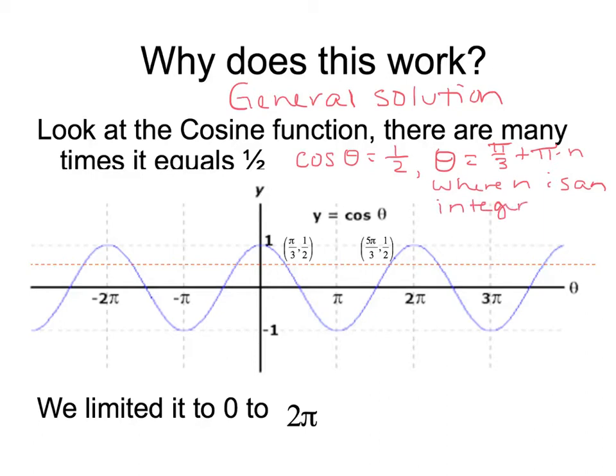So when n is 0, we get our original pi over 3. When you add pi, you get the 5 pi over 3. I think this works. Does it? Does that help us get this next one?